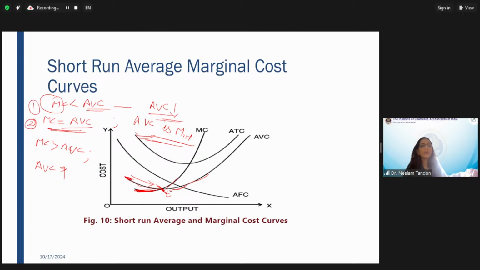If MC is equal to AVC, AVC will be minimum. If MC is greater than AVC, then AVC will start increasing. So the shape of AVC is dependent on marginal cost. And what about ATC? ATC depends on AVC. If AVC is decreasing, ATC is also decreasing.